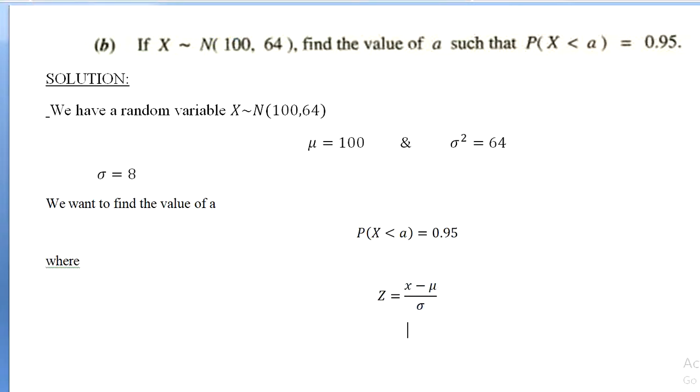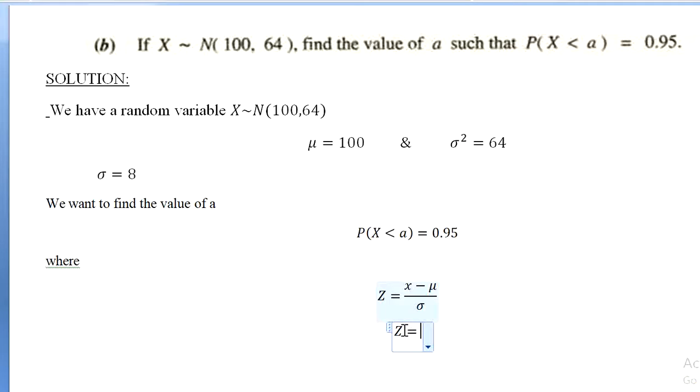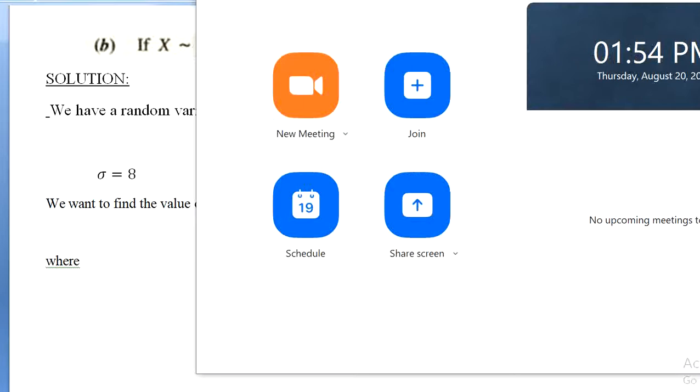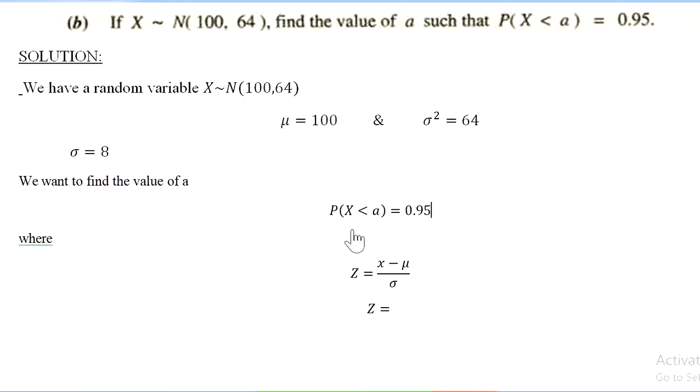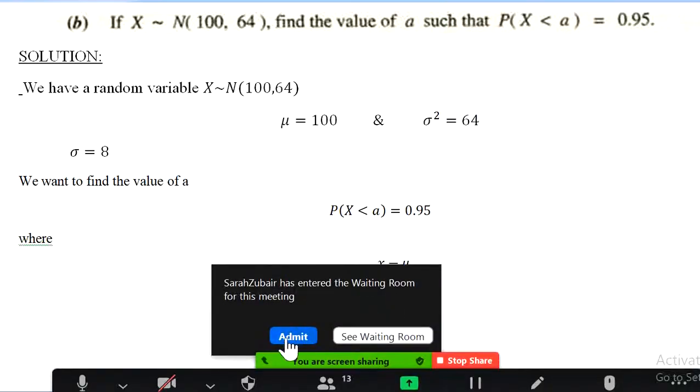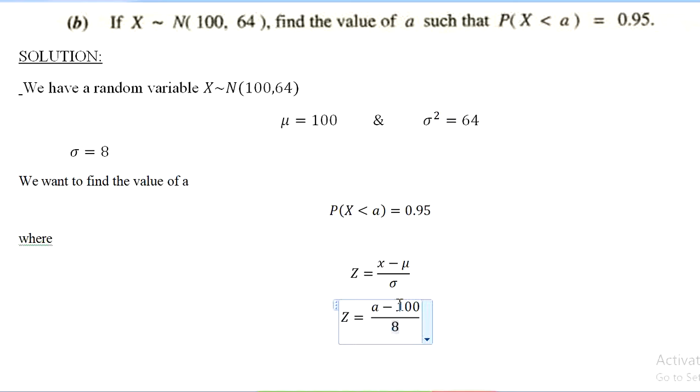Now I will just substitute the value. So z is equals to the value of x, which is a, minus the value of mu, which is 100, and the value of sigma is 8.